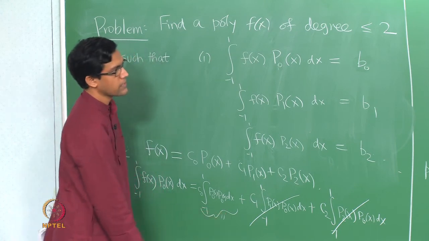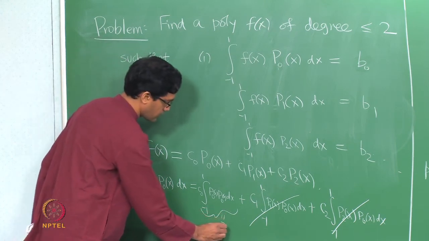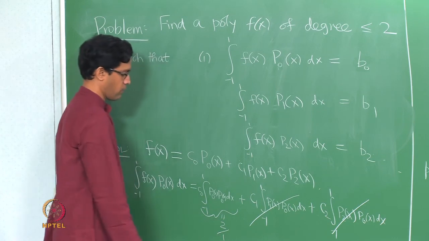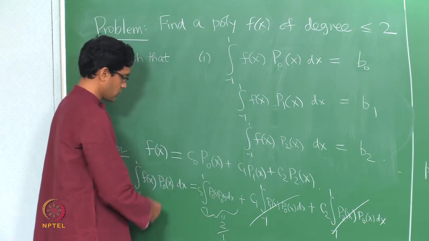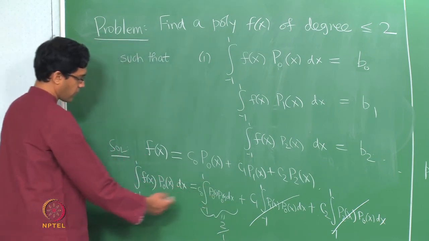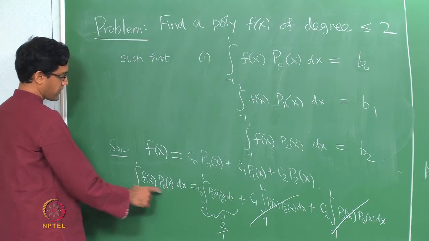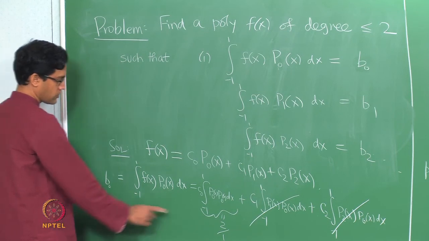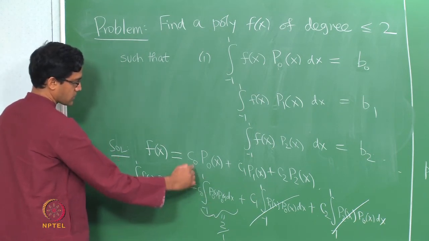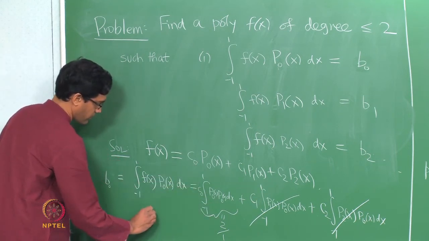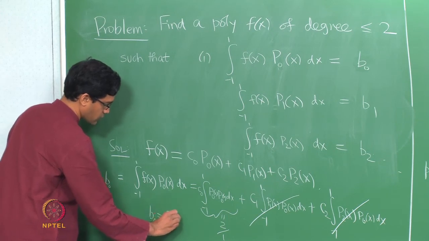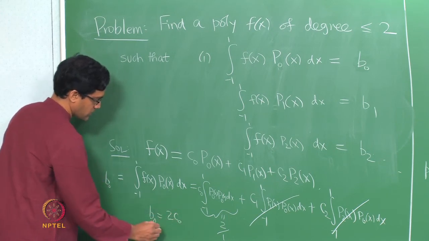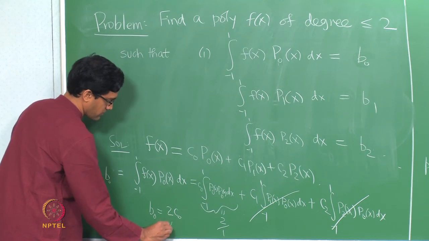Well, the answer according to that is 2 divided by 2n plus 1, so it is 2 divided by 1. So this integral is a 2. So what it says is that you get the following equation, integral f(x) p0(x) is the given constant b0, but on the other hand it should be 2 times this scalar c0. So we conclude b0 is 2 c0, and so you determine c0 from this, c0 therefore becomes b0 divided by 2.